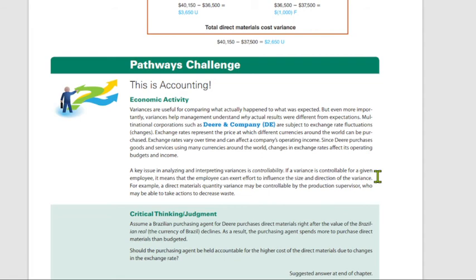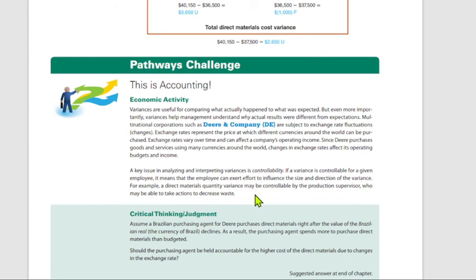For example, the direct material quantity variance may be controllable by the production supervisor who may be able to take actions to decrease the waste. Kaya nga, in the cases in the CPA board exam, as I see it, there are questions where who is responsible for a material quantity variance. Merong mga ganong questions. So, ang sagot doon is that the production officer, production supervisor, because they are in control of what amount or what quantities of inputs or raw materials to purchase.